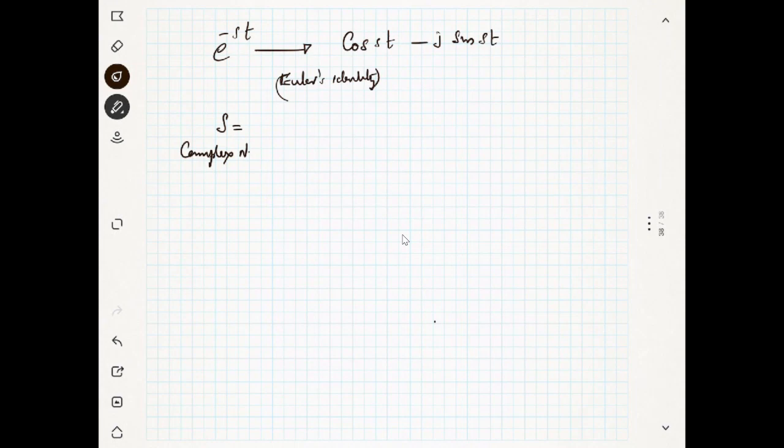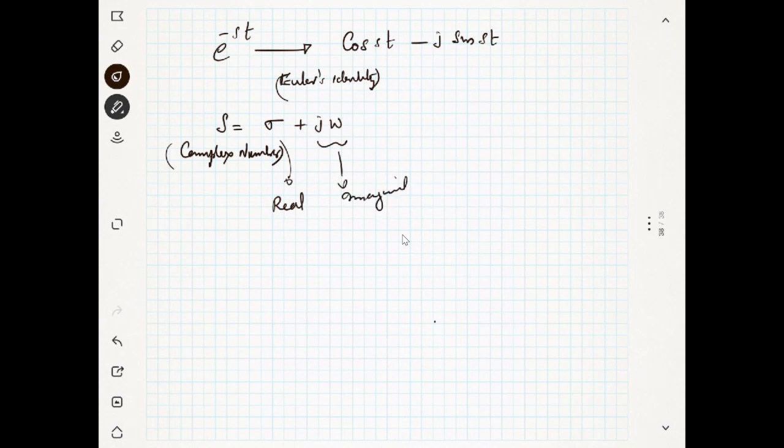Why are we defining it in a complex way? Because there is some simplicity in some domain. You can see here s is sigma plus j omega, where this is the real part and this is the imaginary part.